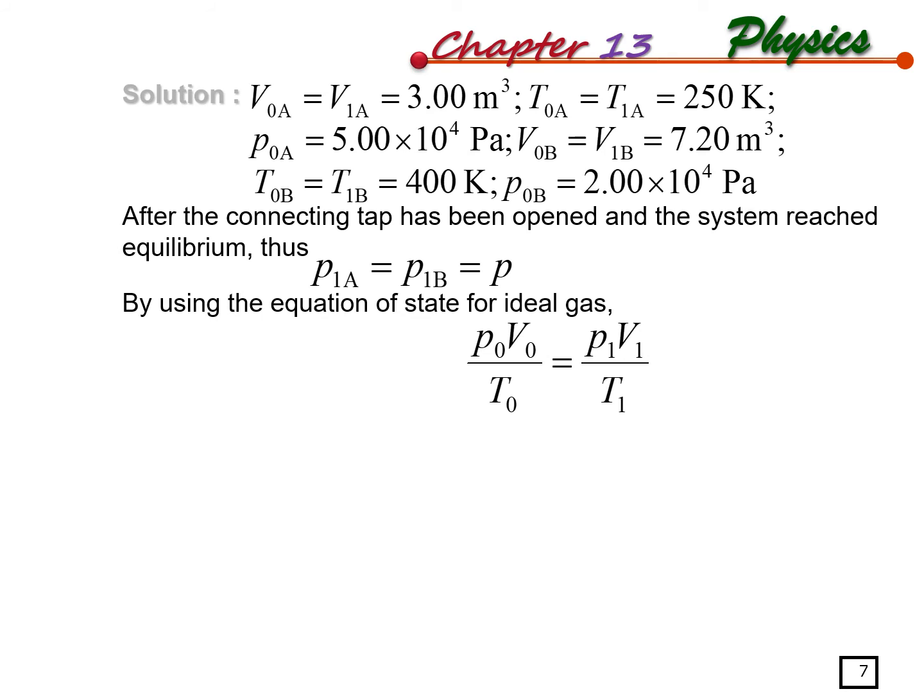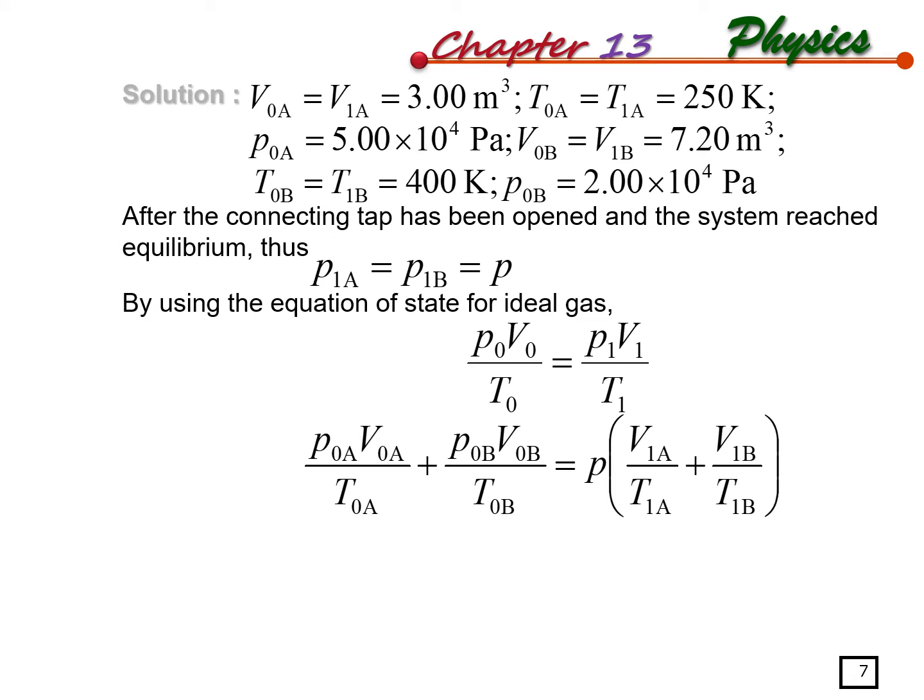Using the equation for an ideal gas, PV over T, initial P naught V naught over T naught equals final P1 V1 over T1, the final pressure, volume and temperature.